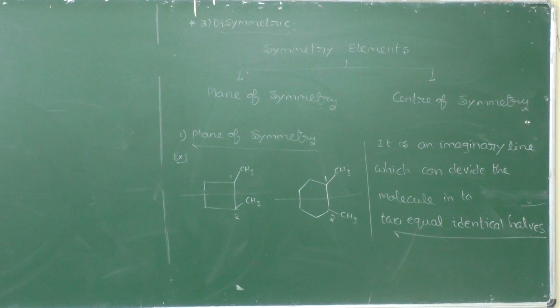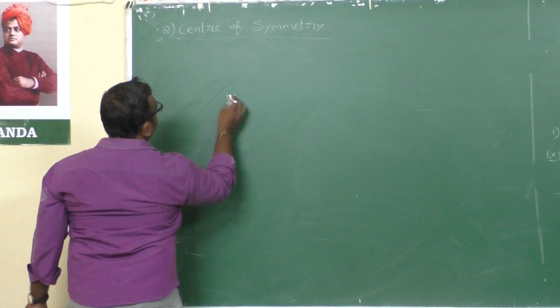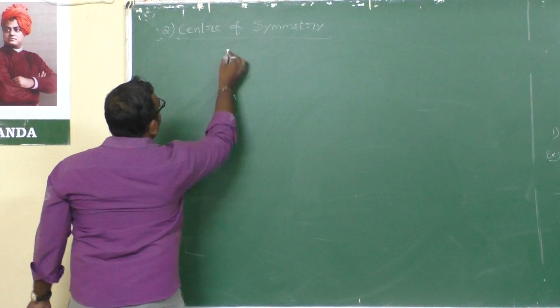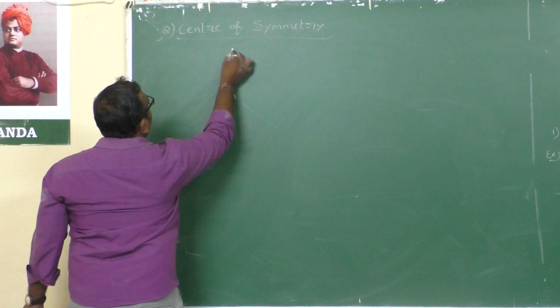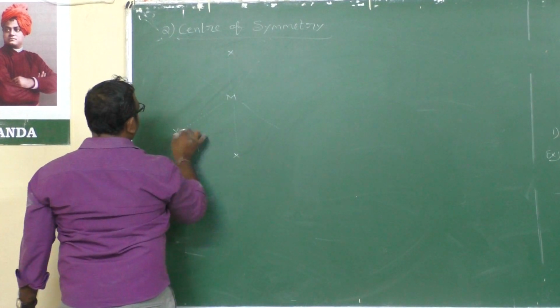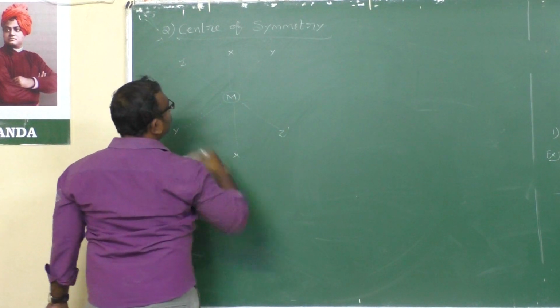Second one is center of symmetry. Consider a molecule. Here consider it as a central atom. Here X, X, Y, Y, and Z, Z. Here M is the center of the molecule.